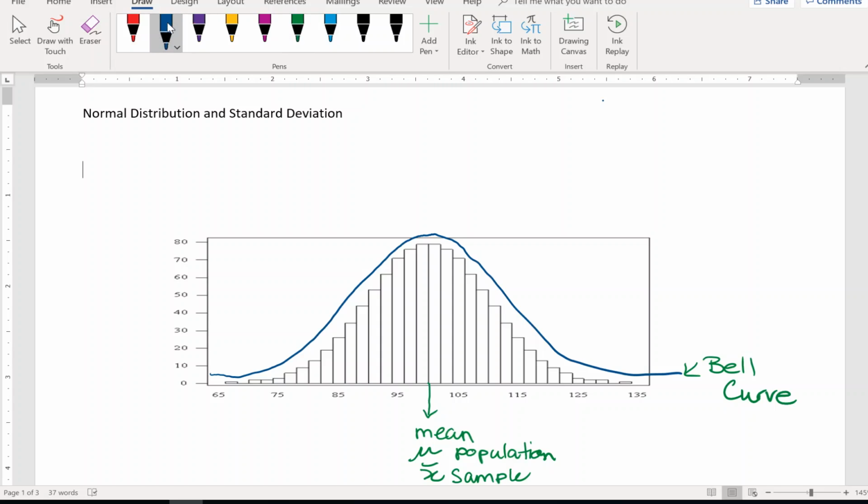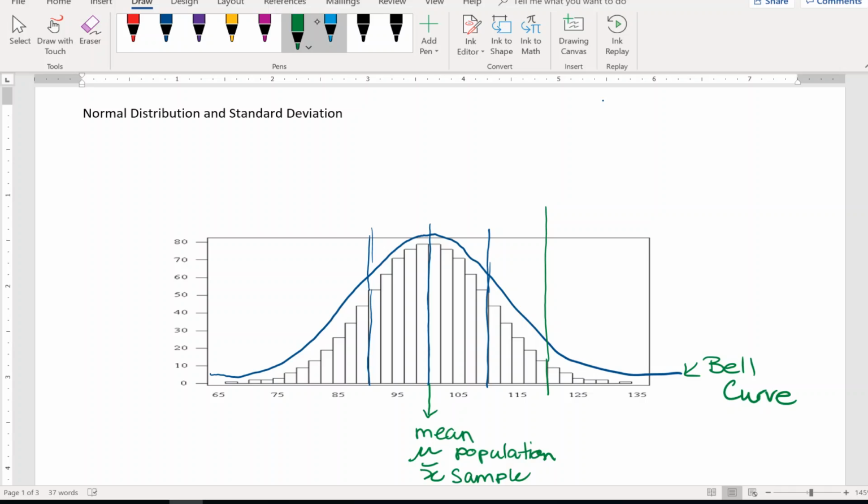So if we were to divide this up, I'm going to draw a line here. This is the mean. Now I'm going to divide this histogram into sections. I'm dividing it so that it is symmetrical about the mean. So let's do another one here.